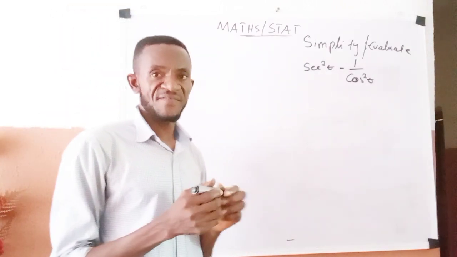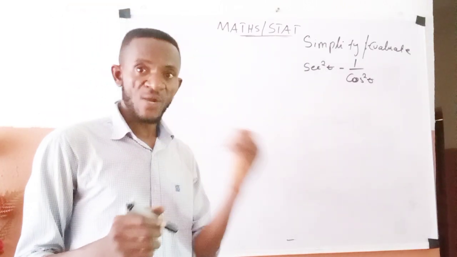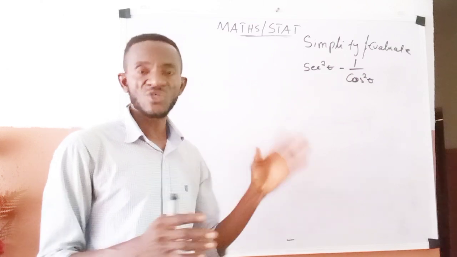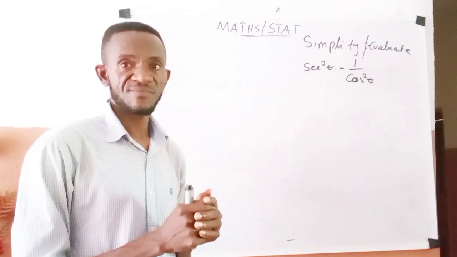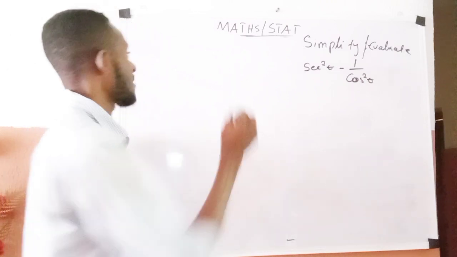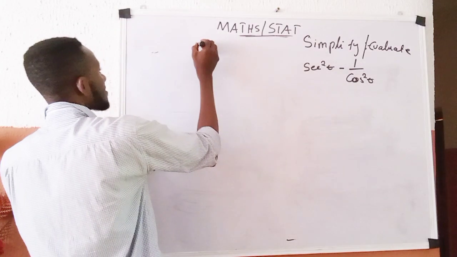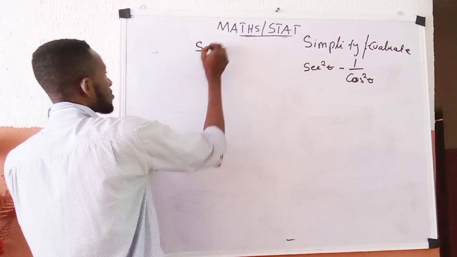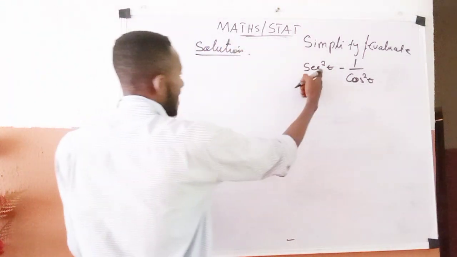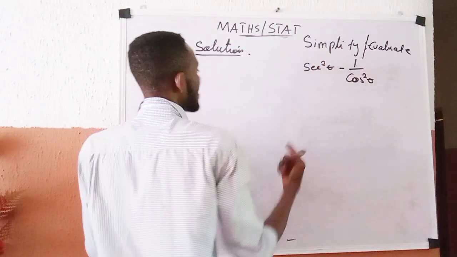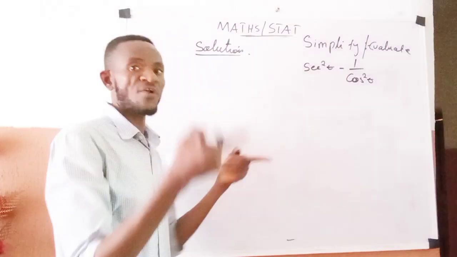Evaluating this is very, very simple, but it requires us to remember some basic trigonometric functions. By way of solution, I have that sec squared theta can be written as sec theta all raised to power 2.